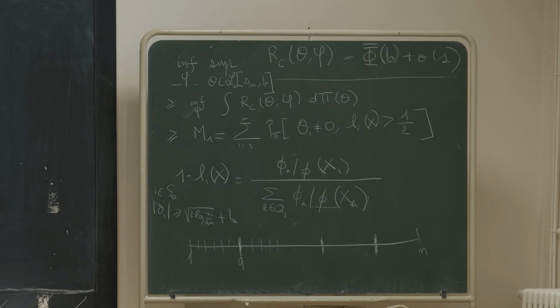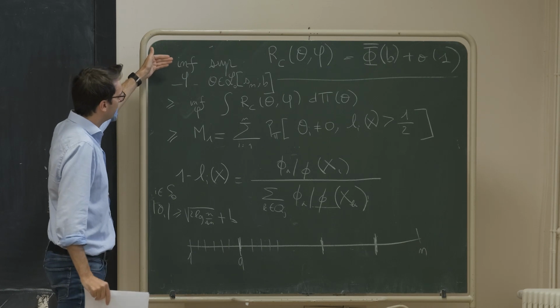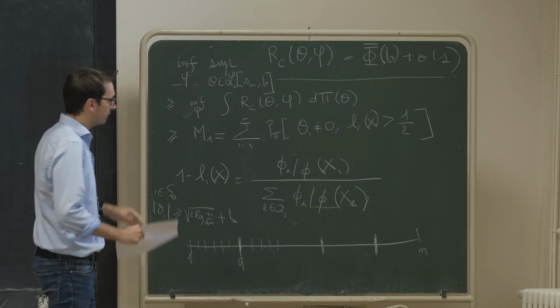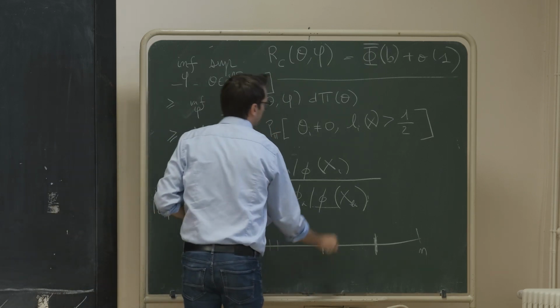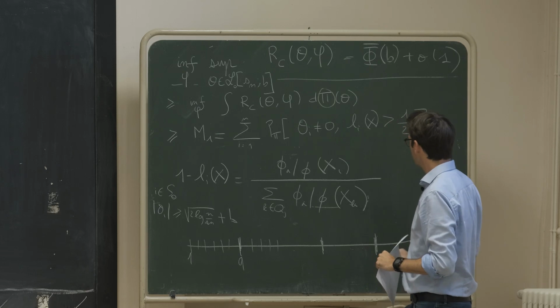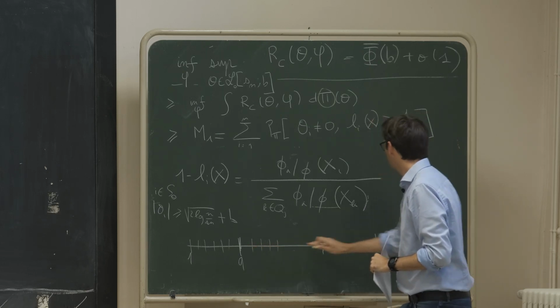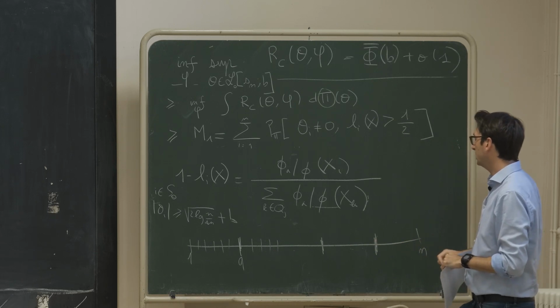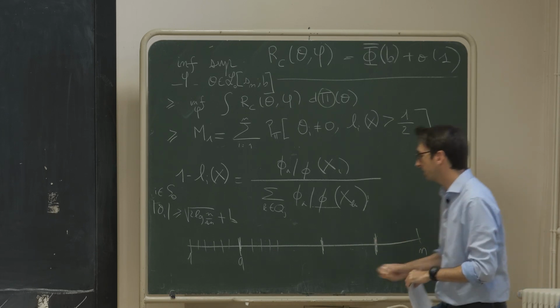And to prove this, we use a classical technique, which is that we bound from below the minimax risk by a certain Bayesian risk for a well-chosen prior pi. The prior pi was built as follows. We split the indices, the integers between 1 and n, in Sn blocks.